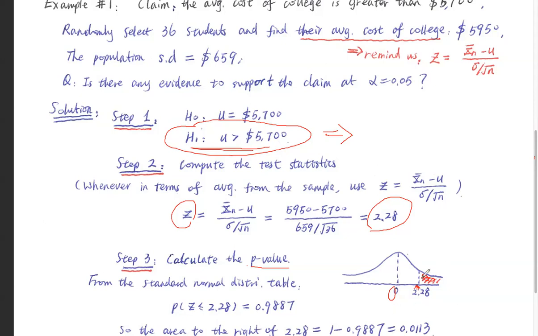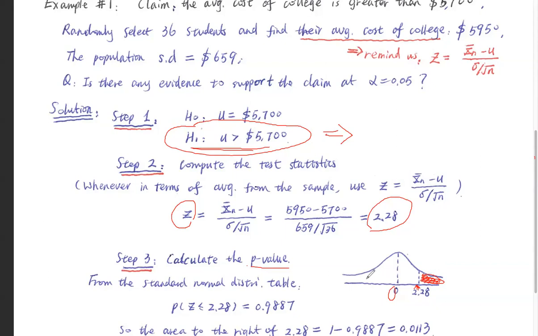How do we find this area, this probability to the right? There are two ways. We have to use a table. Can you tell me which table? Z table, that's right. Remember there are two ways to find the probability.